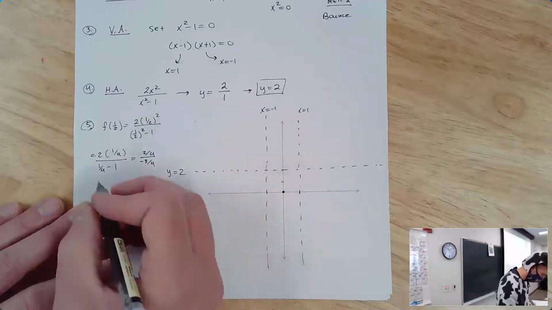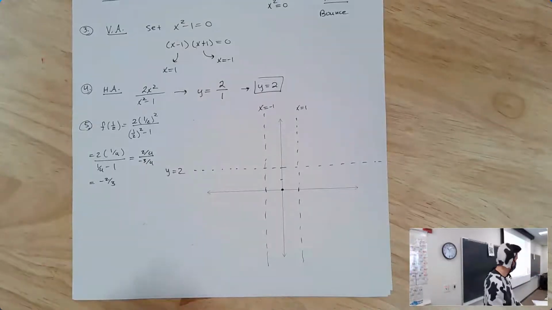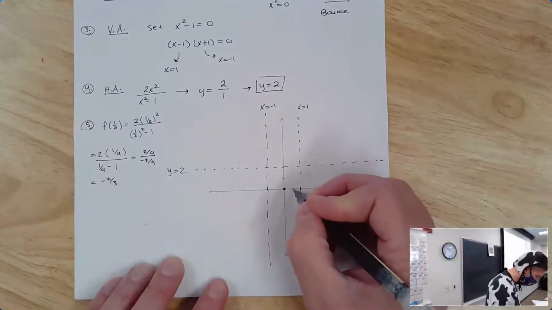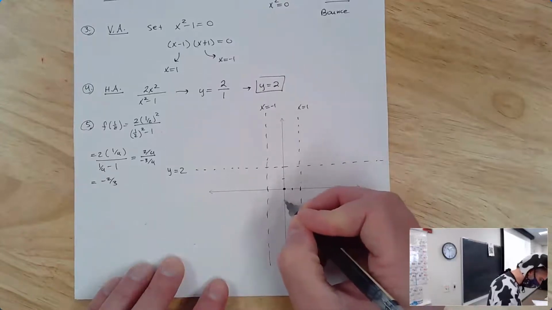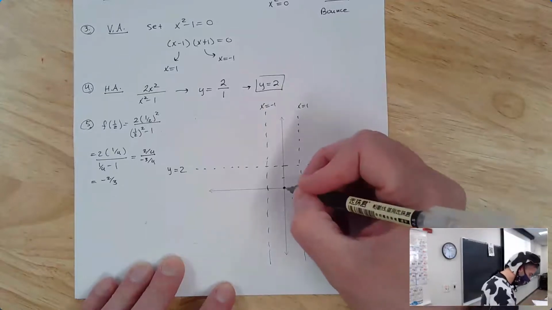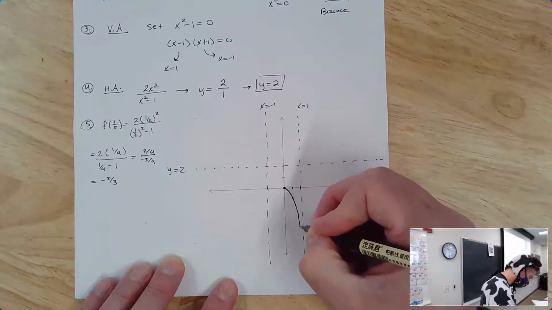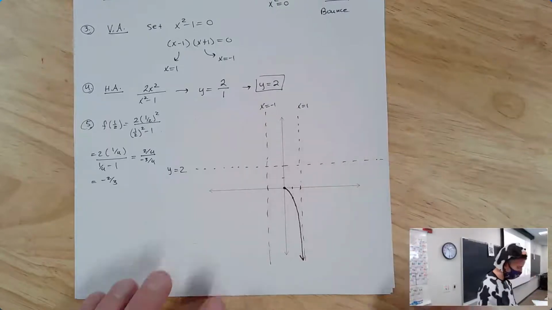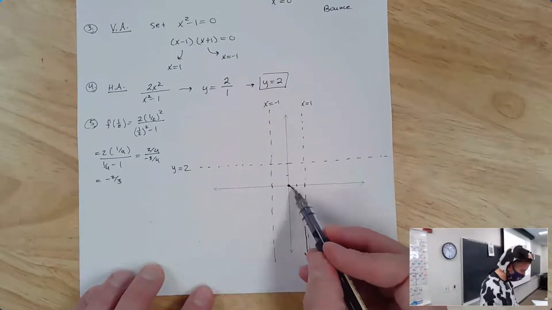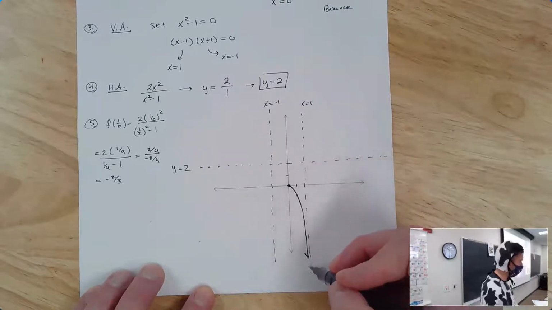And that fraction simplifies to negative 2/3. So it is negative. So I know that when x is 1/2, y is going to be negative 2/3. Which means now I'm forced to keep traveling down in this negative direction. Because as the x values get closer and closer and closer to 1, the y values get infinitely negatively large.